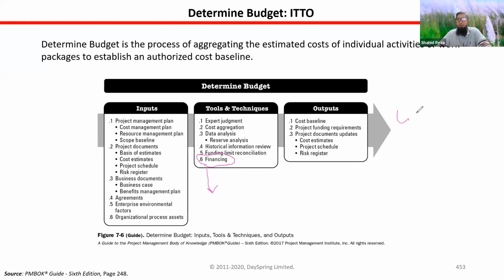Sometimes they take a 40% loan from the banks, maybe 20% from shareholders, and another 40% from the capex of the organization of that year. So this financing, where the money for this project is coming from, should be mentioned in the project budget. All right.